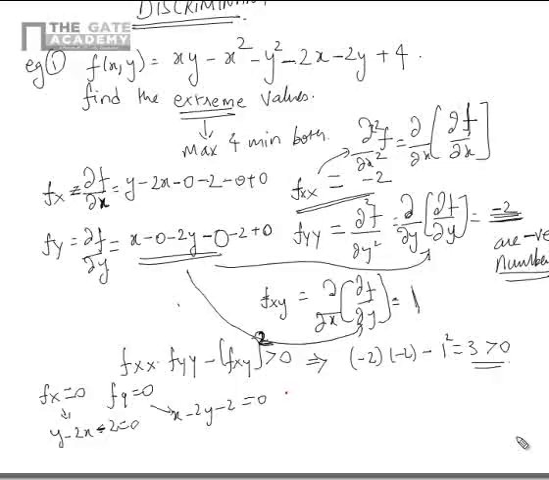Correct? So we get that x minus 2y equal to y minus 2x. On simplifying, making the like terms together, we get 3x equal to 3y, which implies x equal to y.